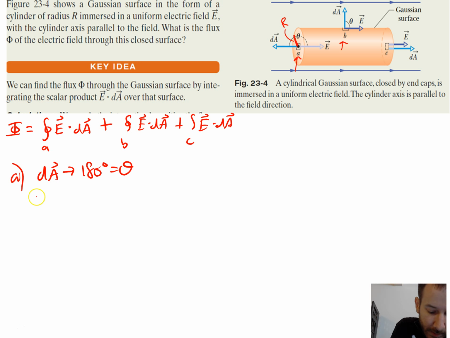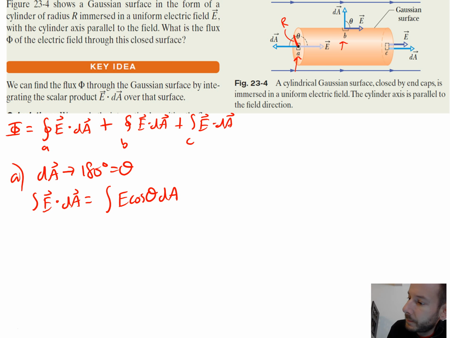All right, so if we go ahead and start writing out our integral, it's just going to be E dot dA. So it's E cosine of theta dA, where theta again is 180 degrees. And the cosine of 180 is -1. And our electric field is constant because going through this surface, the electric field is constant throughout the surface.